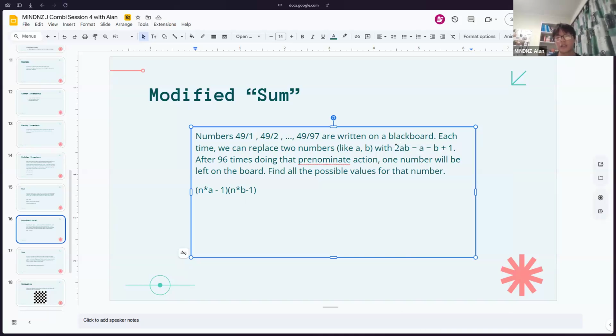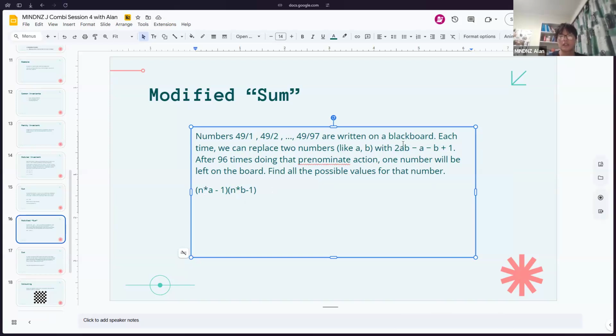How do we factorize 2ab minus a minus b plus 1? If we have the number in front of a and in front of b being the same, because we want an invariant that does not change no matter what number we have, then we would have to have square root of 2 to get to 2ab, right? So that will be pretty hard to deal with.